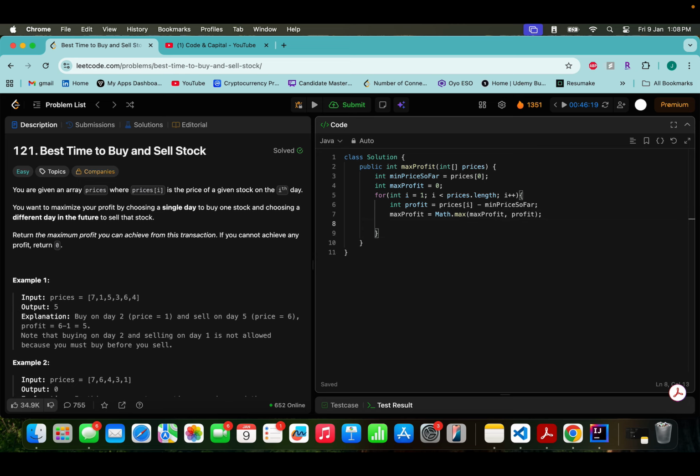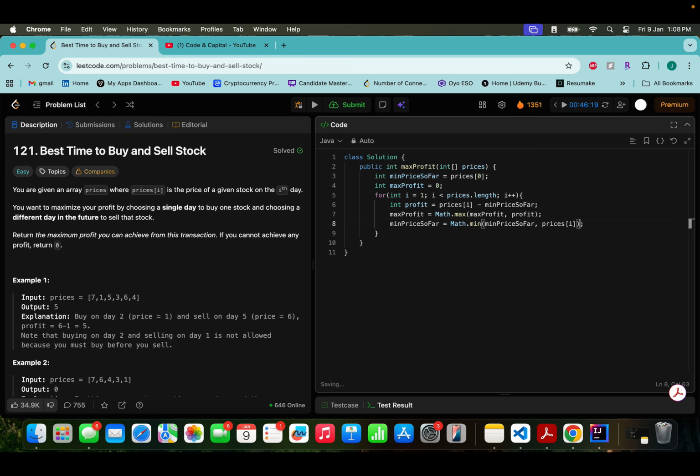And there is one thing I have to update, min price so far, right? Now this price could be used for buying some other day if this current price is the minimum price, right? So I'll just update the min price so far to the Math.min of price and min price so far.